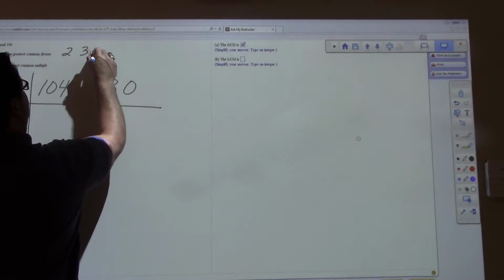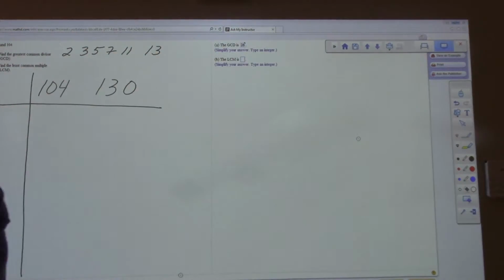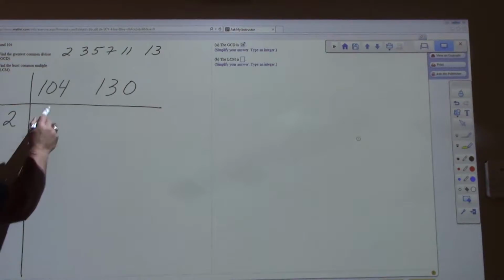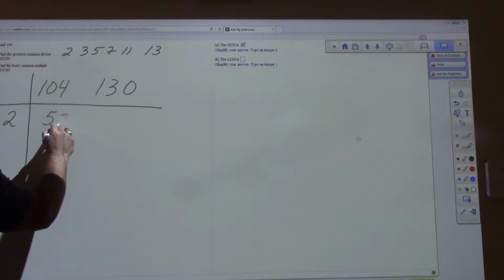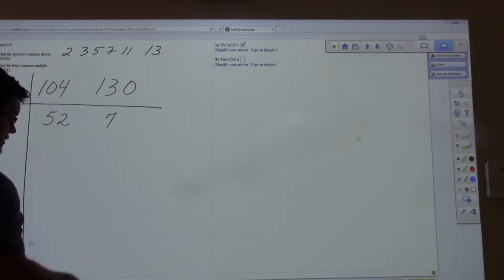2, 3, 5, 7, 11, and sometimes 13. So they're both even, so what can we use? 2. So we put a 2 in there, and that'll give us 52. And 65, thank you.